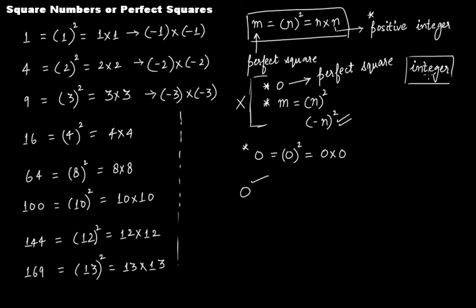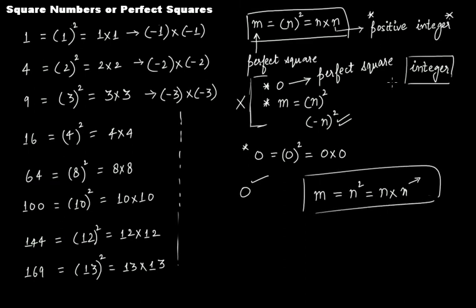But in our course, we are going to take this one, that is, it should be positive integer. That is, if you write any number m as n raised to the power of 2, that is n times n, then this n should actually be positive integer only, right? So it doesn't matter whether you follow this one or this one, you'll not face any problem.